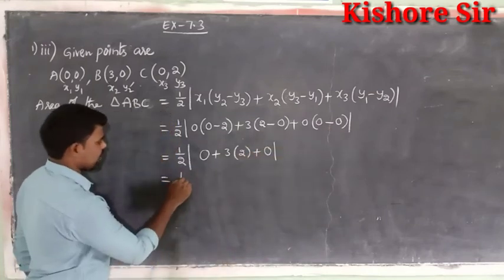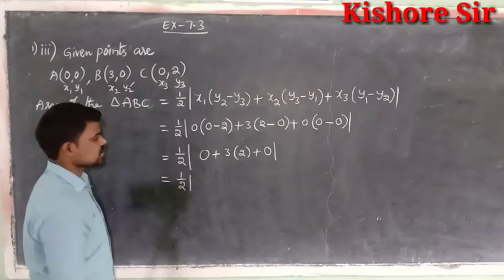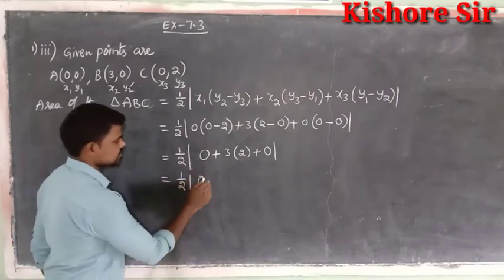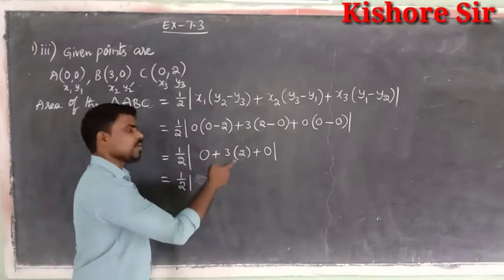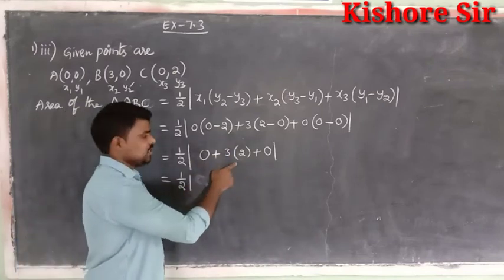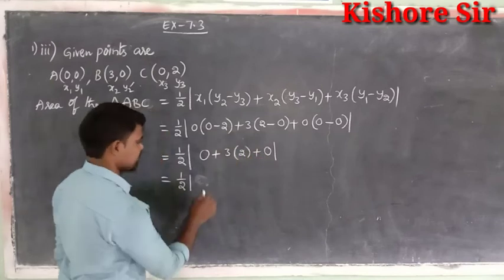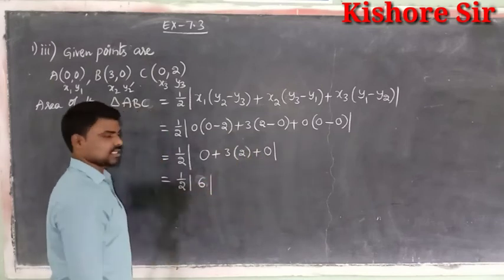So that is equal to 1 by 2 modulus 0 plus 3 twos are 6, 0 plus 6 is 6, 6 plus 0 is 6. So modulus 6.